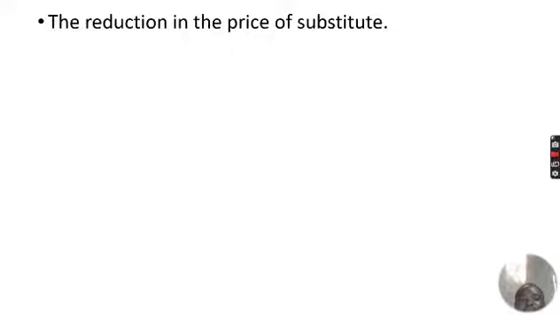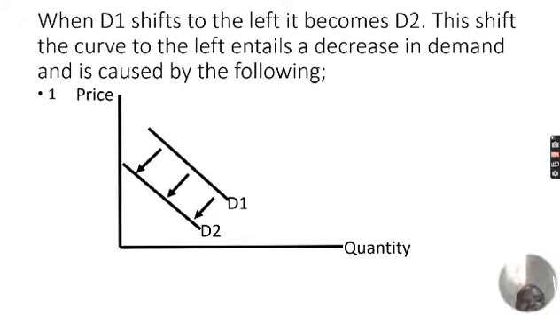What are some of the factors that will cause this line to move from D1 to D2? What are some results that will lead to this line, D1, moving to D2? Let's talk about them.